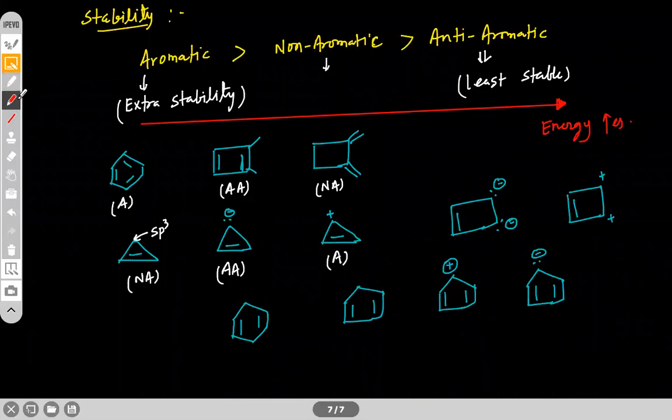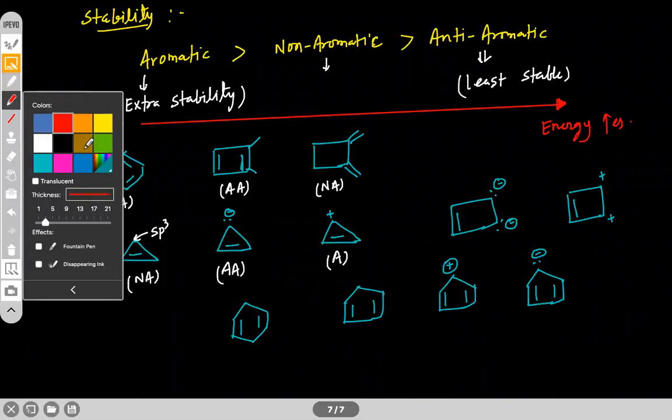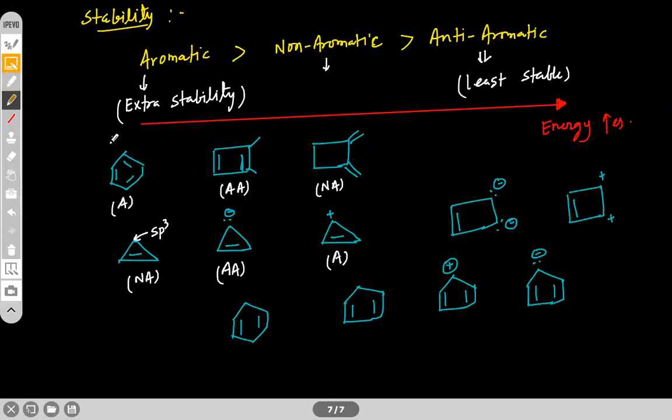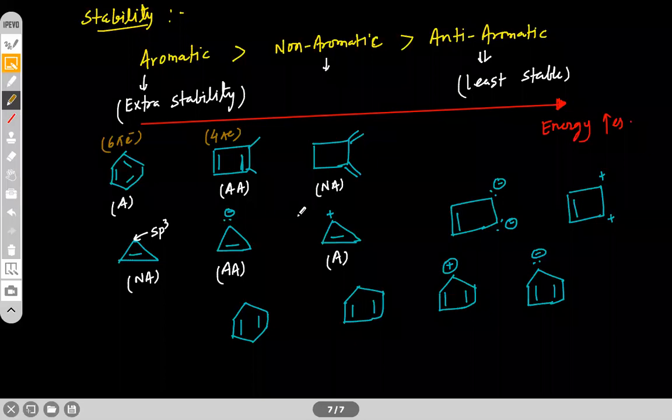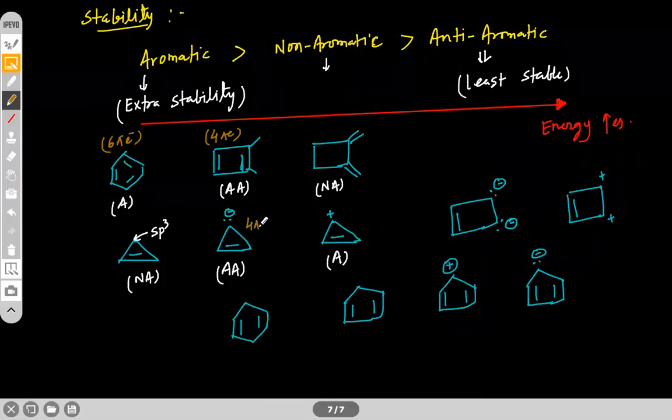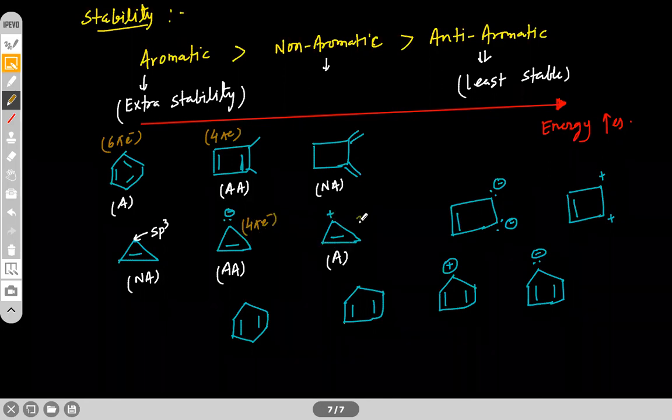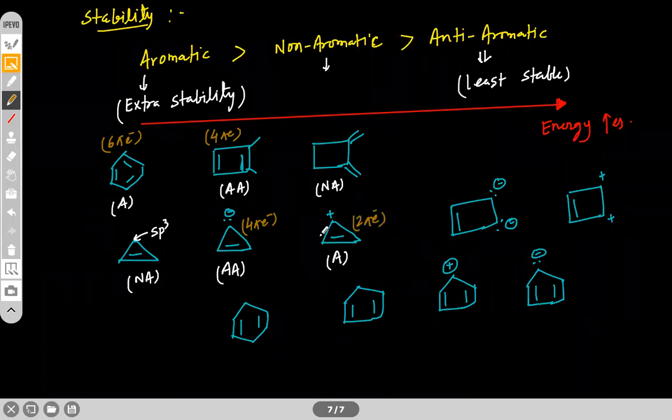The number of pi electrons here is 6, here we have 4. Here we don't have to count the number of pi electrons because it is non-aromatic already, since it is sp3 hybridized. This one has 4 pi electrons, a conjugated system. With the positive charge, it has 2 pi electrons, aromatic.